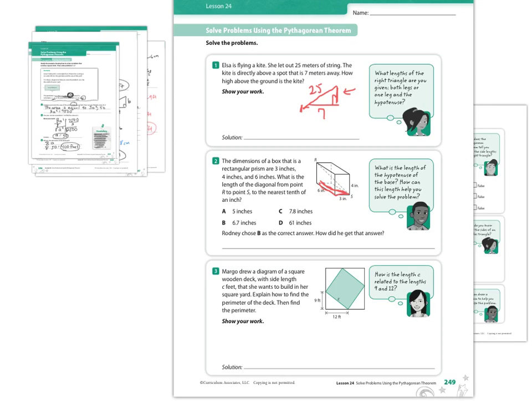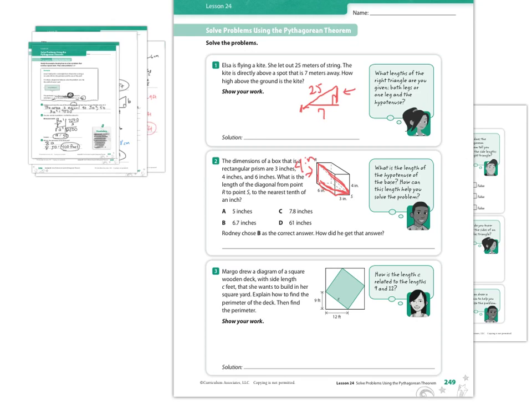You need to find the hypotenuse. Once you find the hypotenuse, you need to use that value to find the hypotenuse of that rectangular prism. Remember, this side is going to be 4 inches.